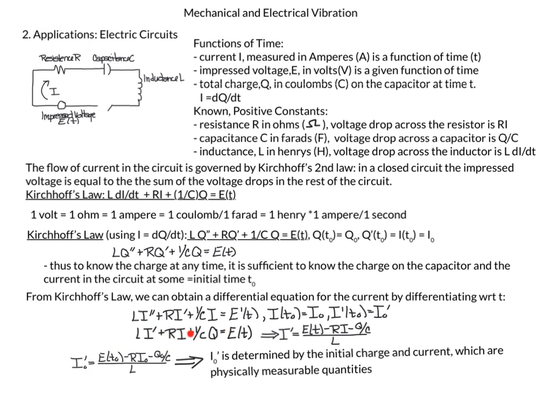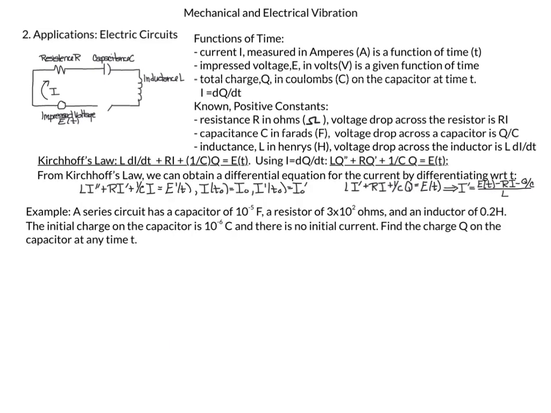If I solve this equation for I', I get I' = (E(t) - RI - Q/C)/L, which means that I naught prime is (E(t naught) - RI naught - Q naught/C)/L. So I naught prime is determined by the initial charge and the current, which are physically measurable quantities.